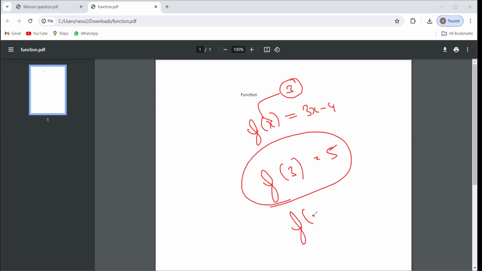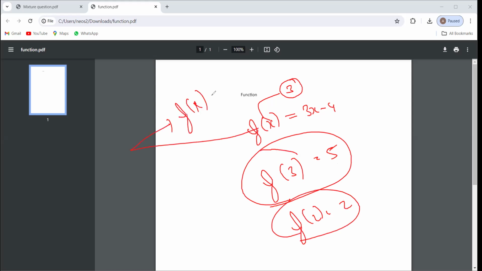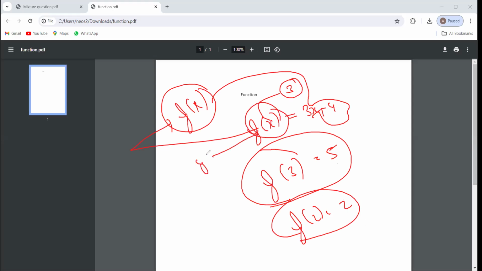If I'm telling f of 2, this will be what? Again, this particular f of x is changing when? When we are changing the value of x. As we change the value of x, the value of f x also changes, right? Or see, f of x थोड़ा बोलने में difficult होता है, you can even call it as y, right?